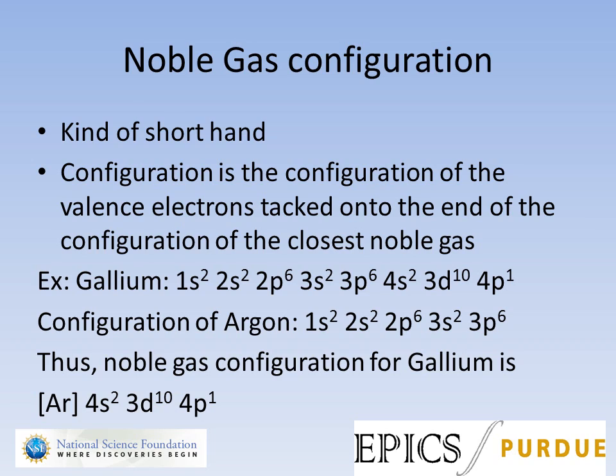For example, gallium has a configuration of 1s2, 2s2, 2p6, 3s2, 3p6, 4s2, 3d10, 4p1. The configuration of argon is 1s2, 2s2, 2p6, 3s2, 3p6. Thus, the noble gas configuration for gallium is argon, 4s2, 3d10, 4p1.